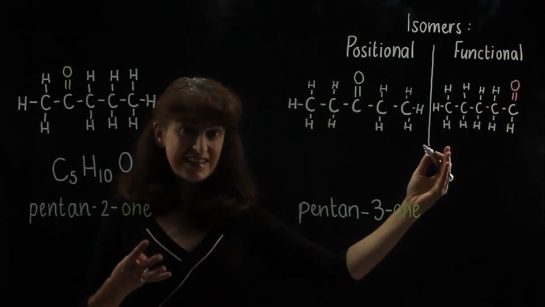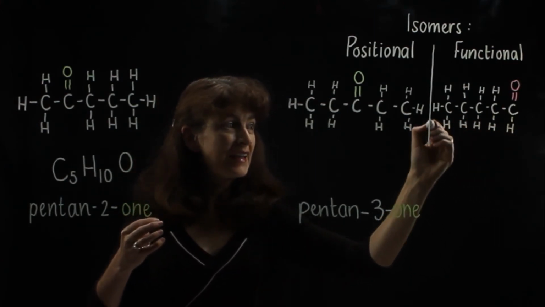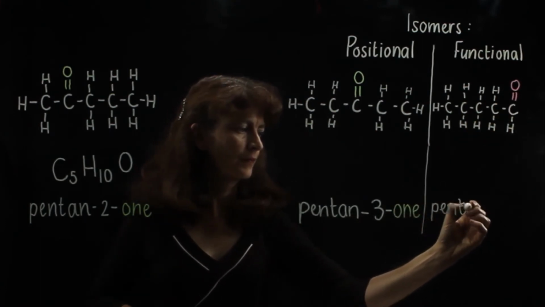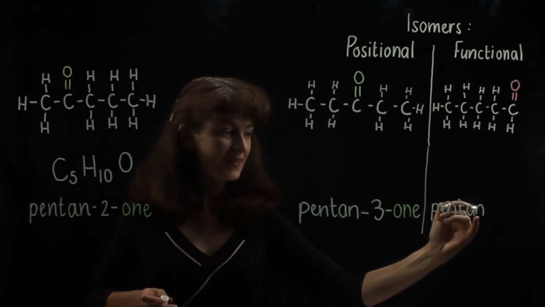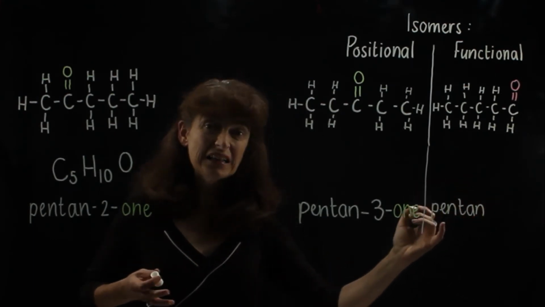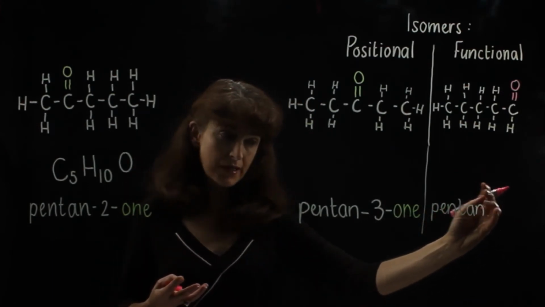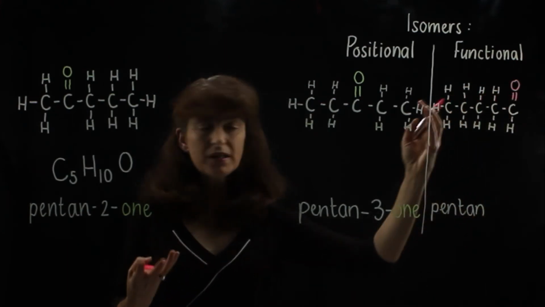And we see that again, the molecular formula is C5H10O. And what about the name? Pentan, but now al for aldehyde. And there's no need to write a number here, unlike in the case of the ketone, because it has to be at the end.